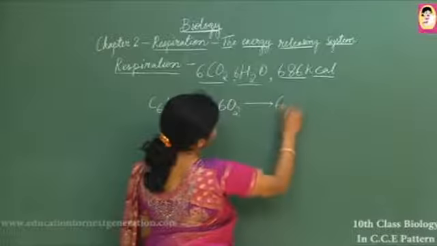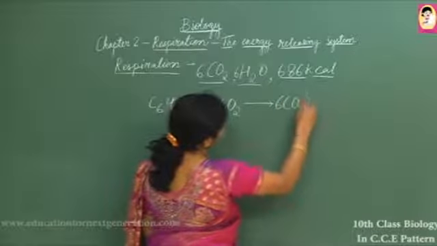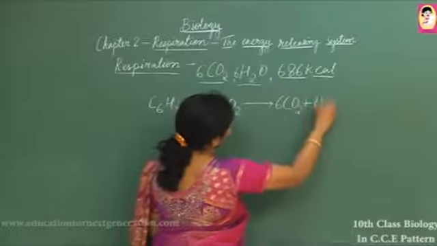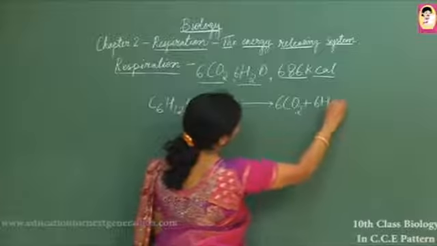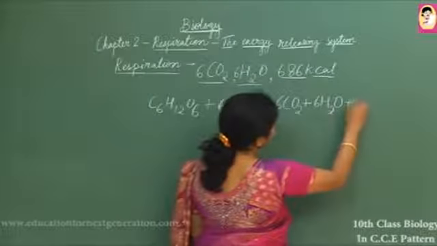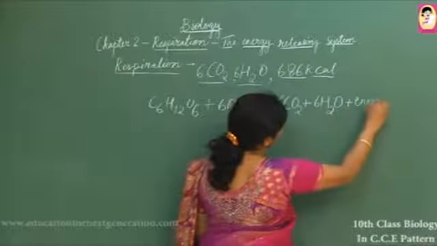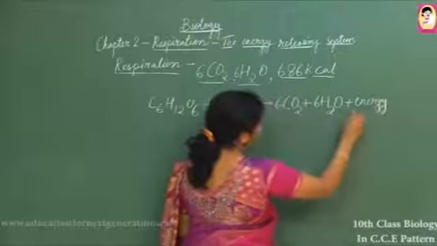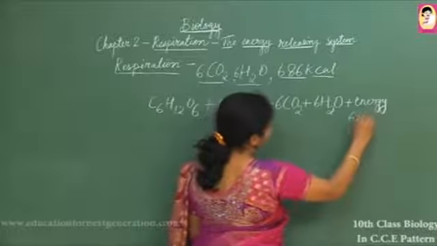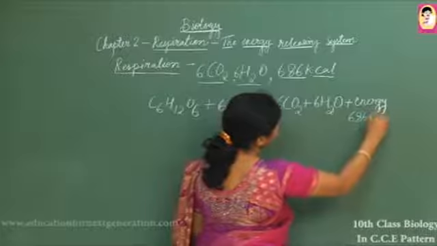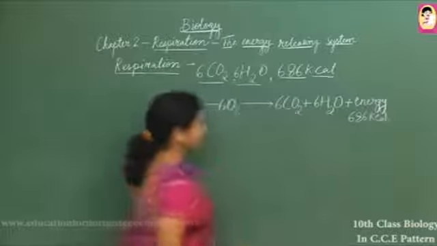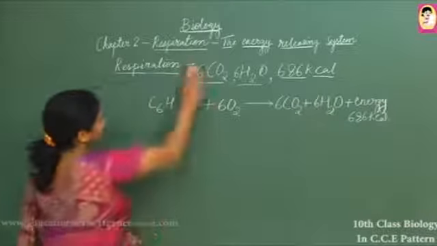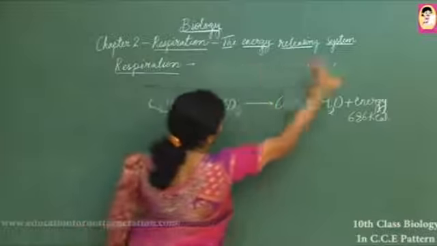Then it forms 6 carbon dioxide plus 6 molecules of water and energy is released. This energy is 686 kilocalorie. Now let us write the definition for this process.